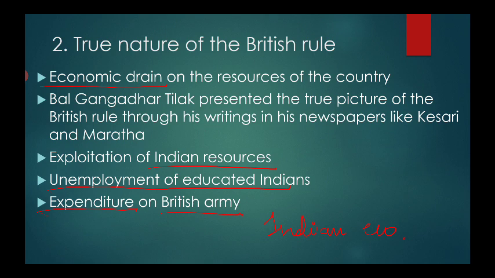Next one, famines and plague and the continued apathy of the government. Between 1851 and 1900, the people of various parts of India, especially in South India, suffered several droughts and famines.